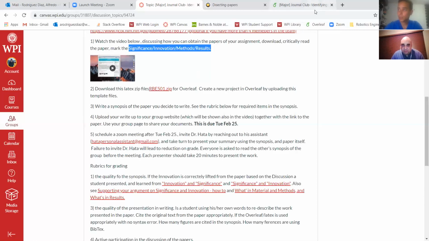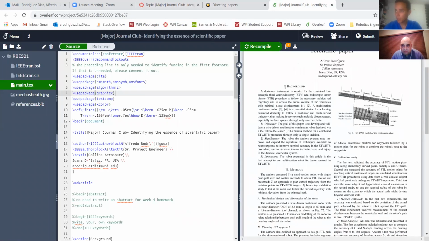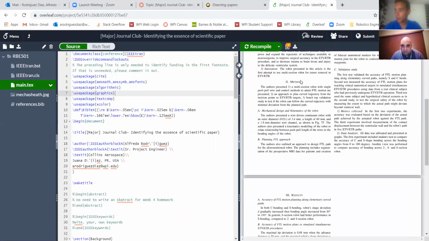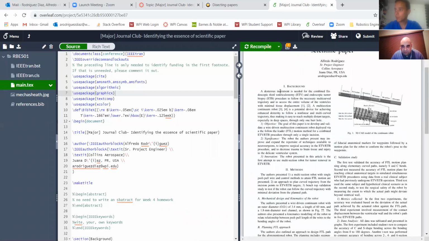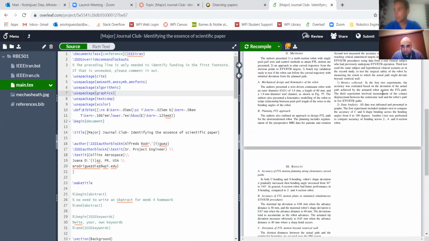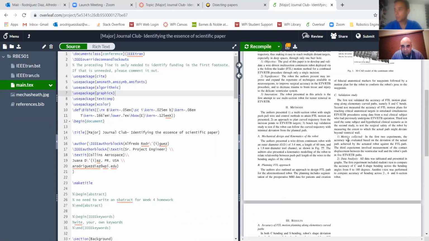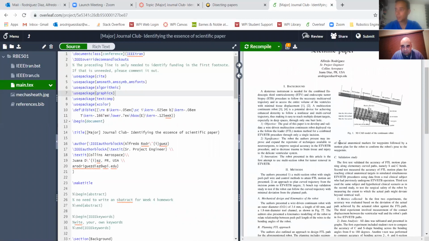And I totally agree. My question would be if we have to follow exactly this layout. You see my screen, right? Yep. If we have to follow exactly this layout, like background, method, validation study, metrics, data analysis, results, because again, that would be kind of a summary of the document, and that is not the intention.